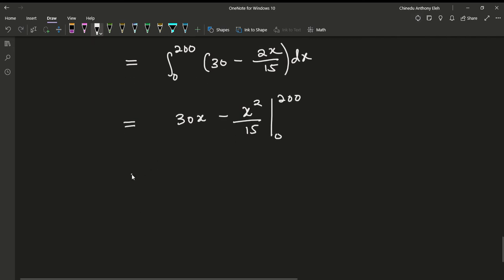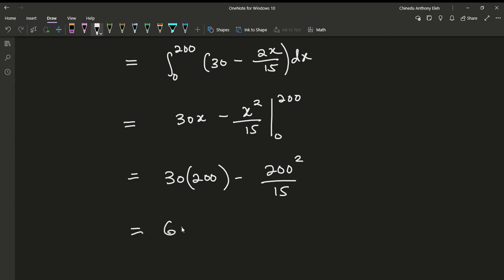Okay. So plug in, I have 30 times 200 minus 200 squared divided by 15. So I have calculator here. 30 times 200 is 6,000 minus 200 squared is, I think that should be 40,000 divided by 15.